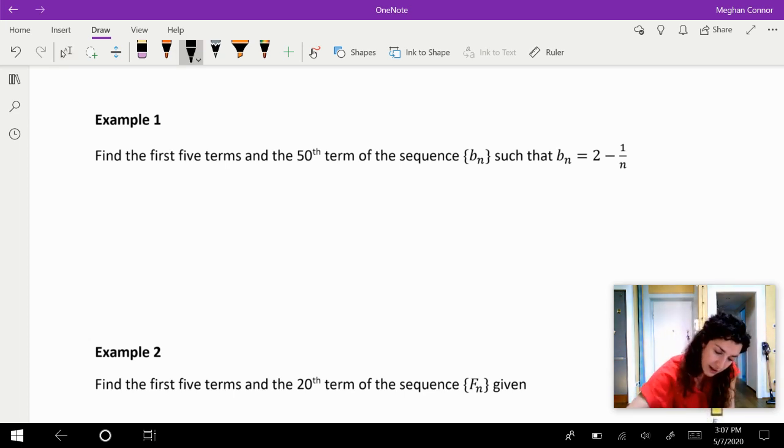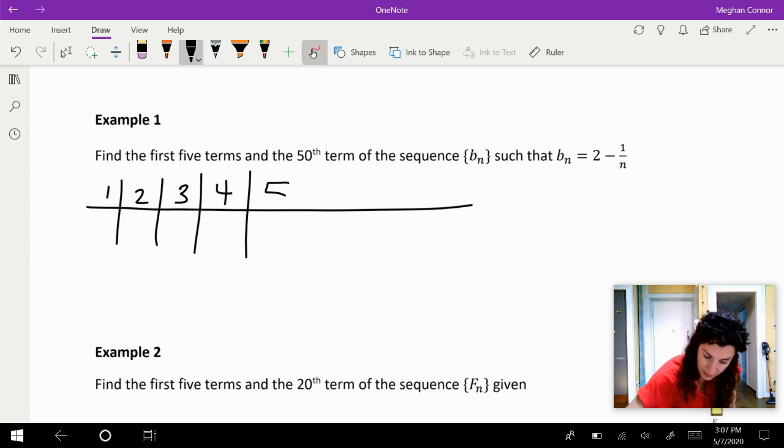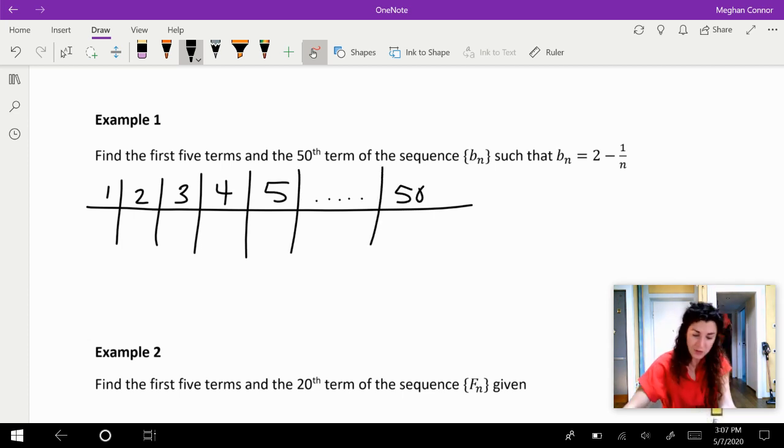The first 5 terms, I might make a table here to answer this question. 1, 2, 3, 4, 5, and 50. So b sub 1, I plug it into the formula. 2 minus 1 over 1. So that is 1.